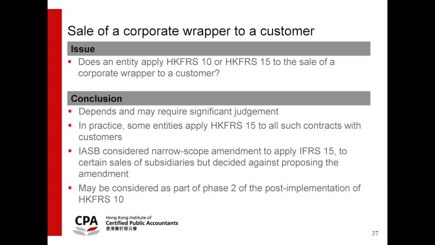It was supposed to be a very narrow scope amendment, and the ISB ultimately decided not to make the narrow scope amendment, but it's something that they may be considering for the second phase of the post-implementation project of HKFRS 10.